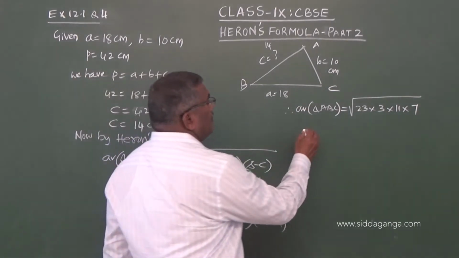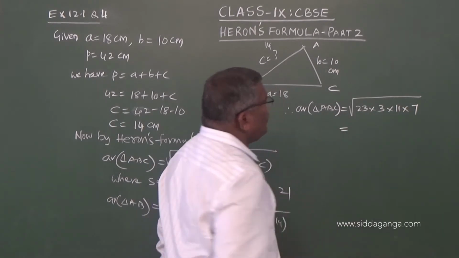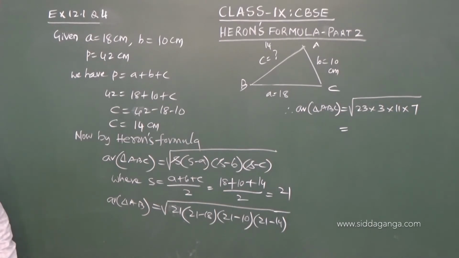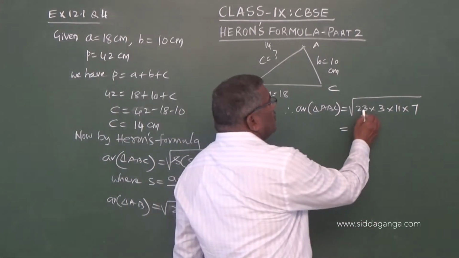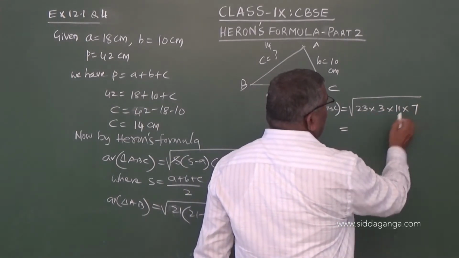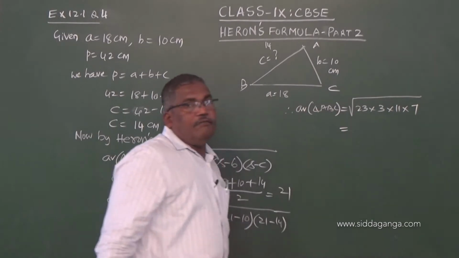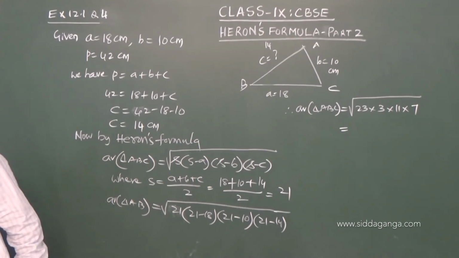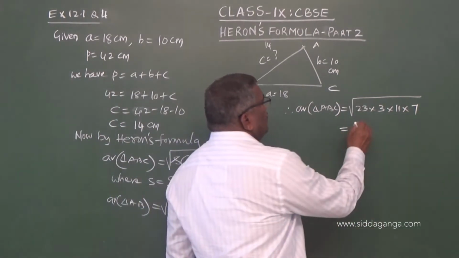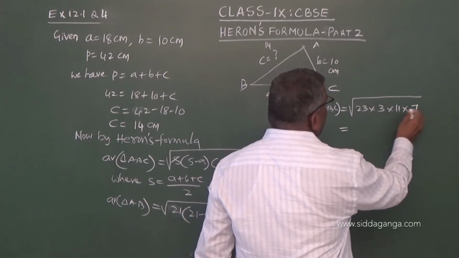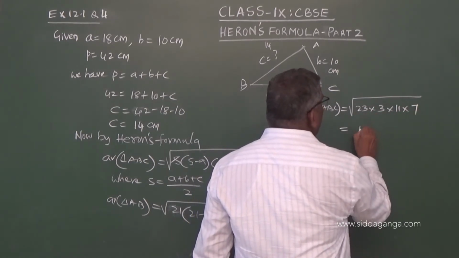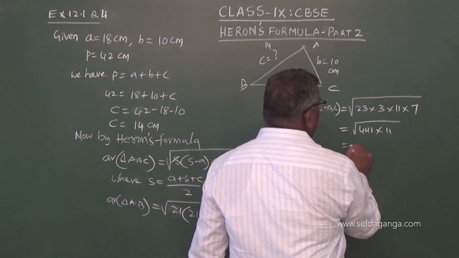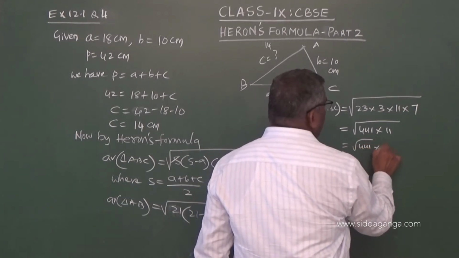Now this equals 21 into 3 into 7 into 11. If you group this, it is 441 into 11 under the root. So this equals root 441 into root 11.